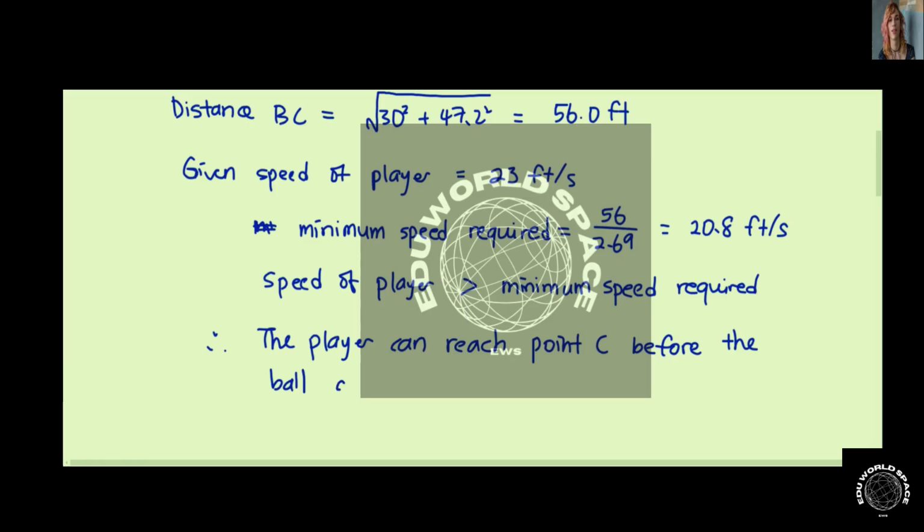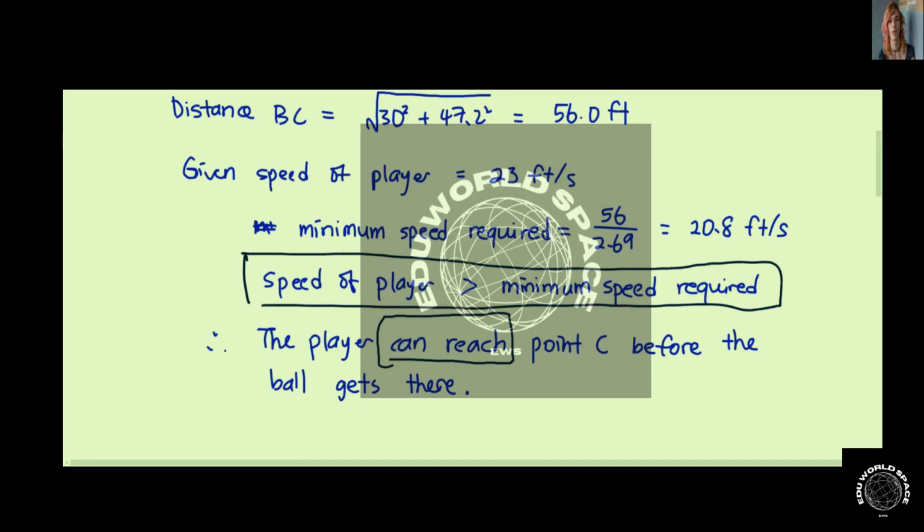So this is how we reach the conclusion, based on the calculation of speed, by comparing the speed of the player to the minimum speed. That's how we solve this problem, and that's all.